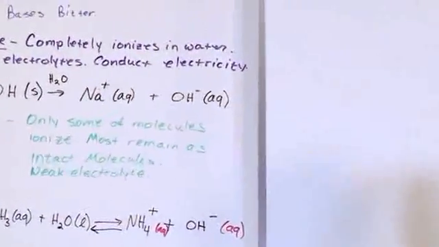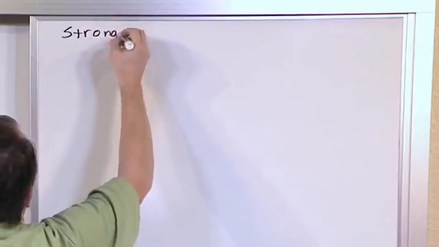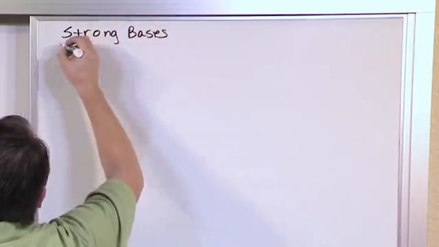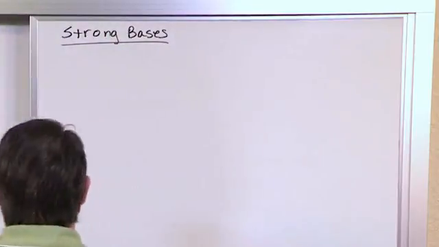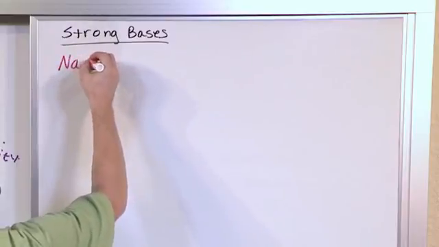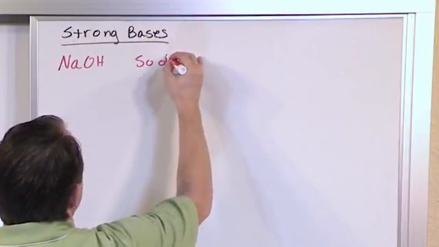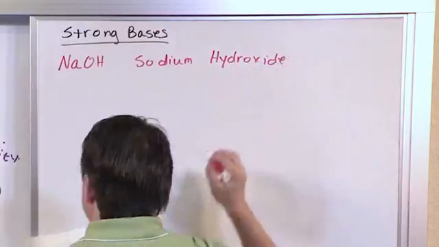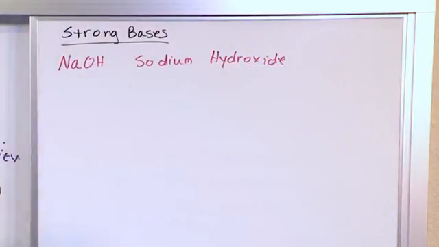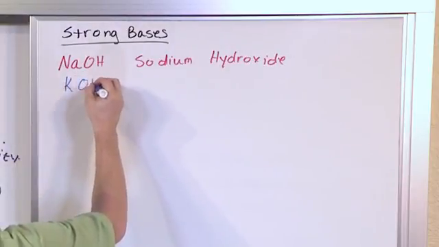So at this point, I think we're ready to make a listing of some strong bases and weak bases, just to give you that exposure. So strong bases. We'll go ahead and make a quick listing. And the most common one is one we've already talked about, sodium hydroxide. All right, and then another really good one that you see a lot is potassium hydroxide.